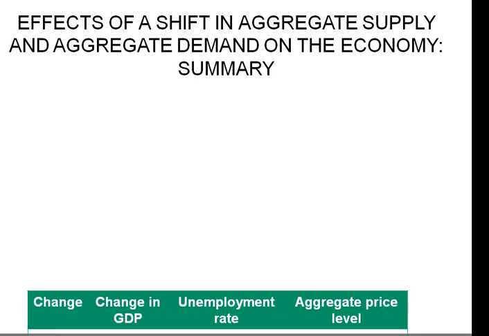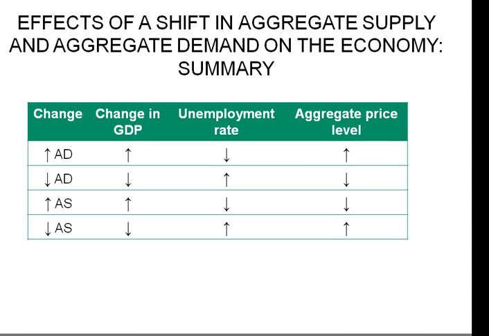Effects of shift in aggregate supply and aggregate demand on the economy, summary. We are summarizing everything which we have shown in the graph here. If there is a change, that means a shift.